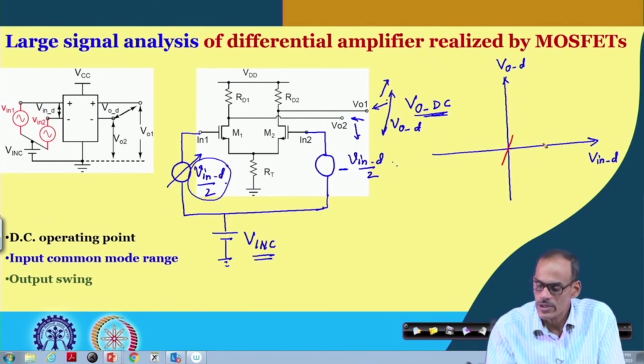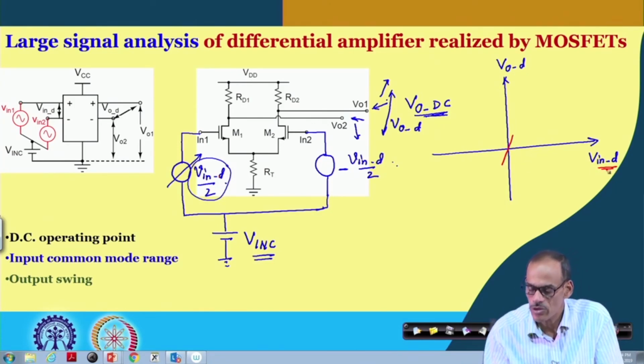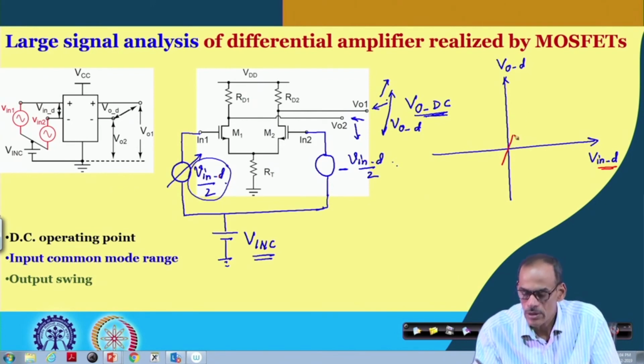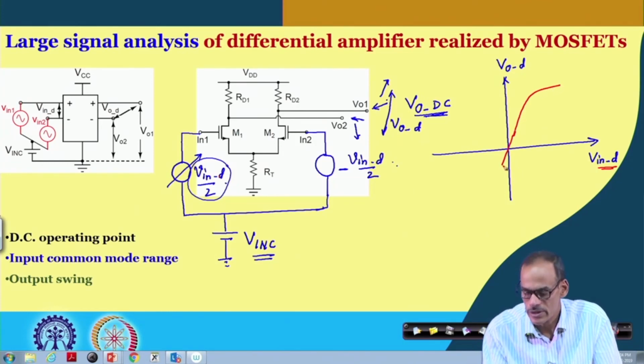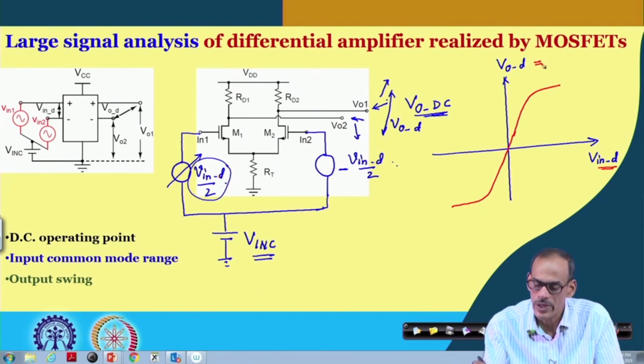But as you increase this input voltage beyond some limit, this may enter into nonlinear characteristic. Likewise, this side also will enter into nonlinear characteristic, and this VOD is defined as capital VO1 minus capital VO2.